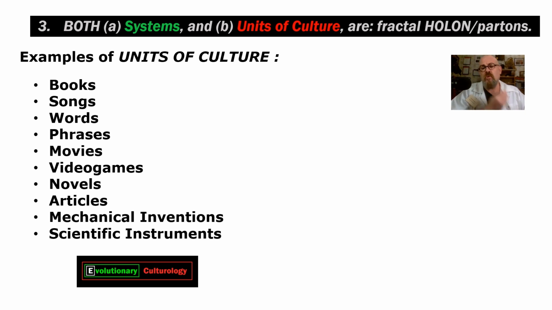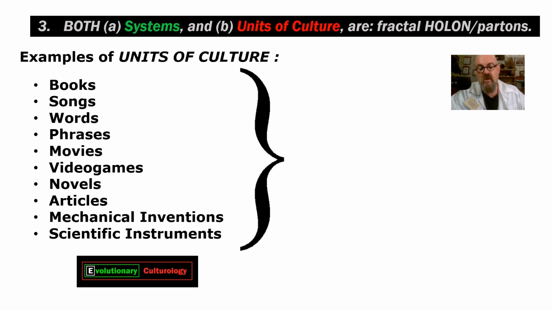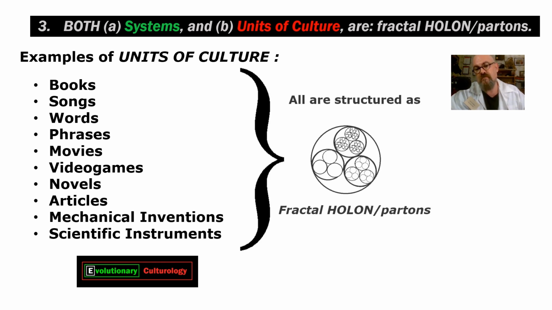For a long time nobody knew what the unit of culture was, but in 2016 that all changed. Scientifically we now know it's the fractal Holon parton, and it applies to all domains, not just biology and culture. So all of those example units of culture are structured and function as fractal Holon partons, obeying the three laws.